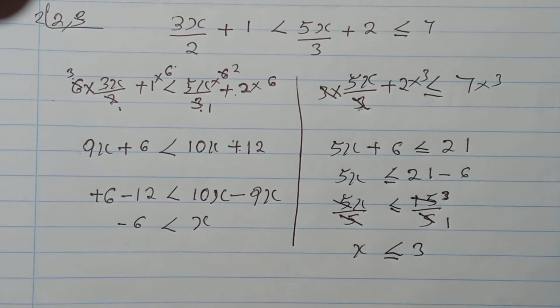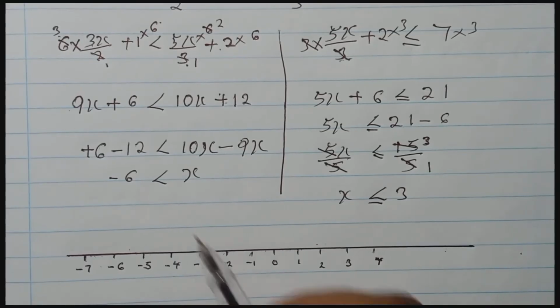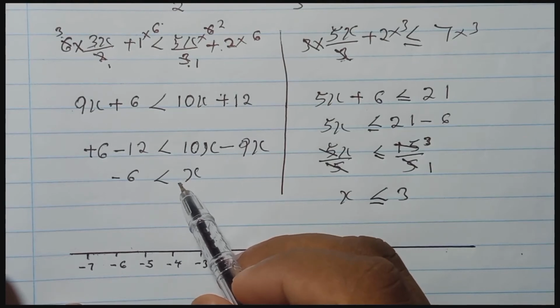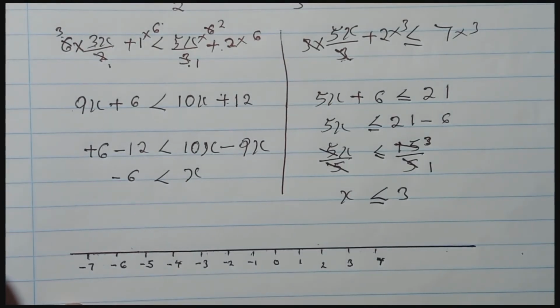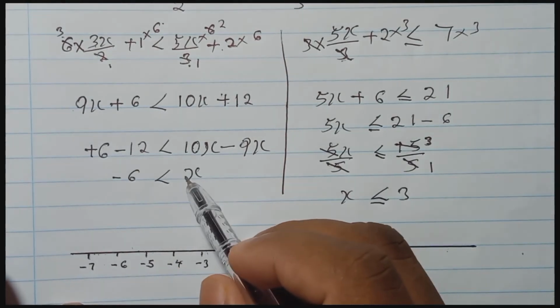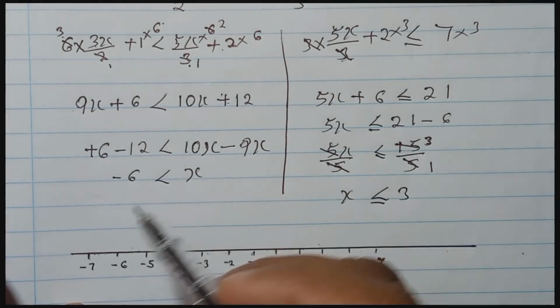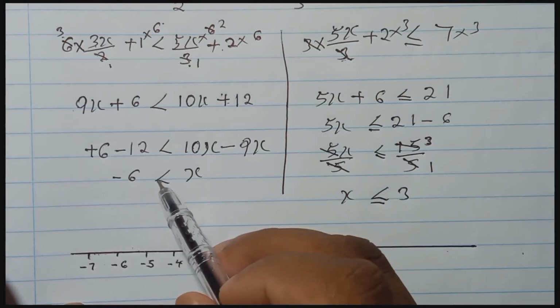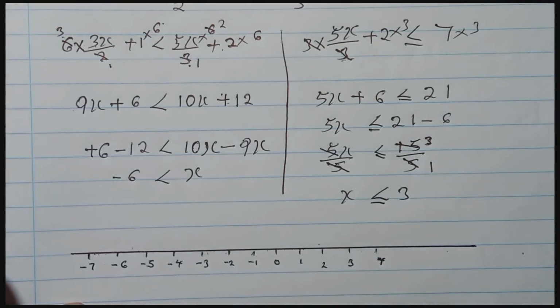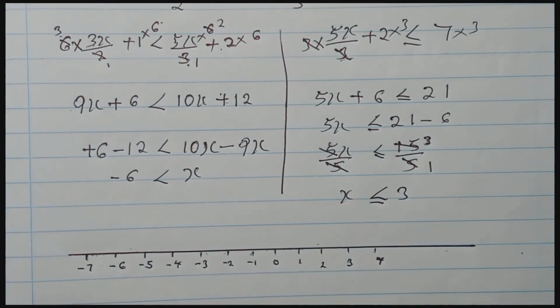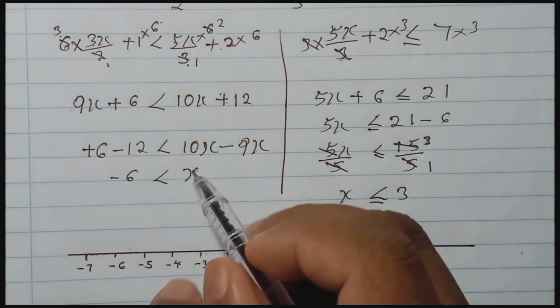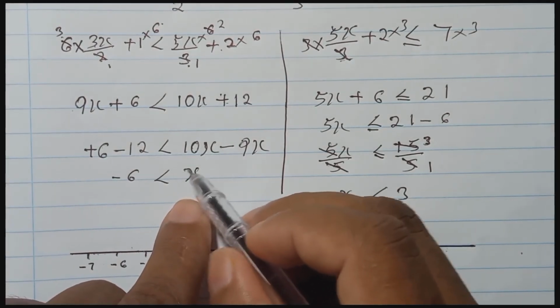Now we need to think how we can represent this on a number line. Like I told you earlier in my other videos, we need to think about x. Normally we say minus 6 less than x, but think about the real idea with the unknown letter x.